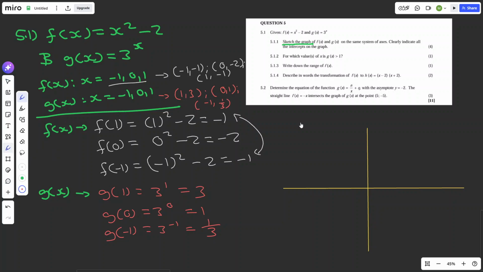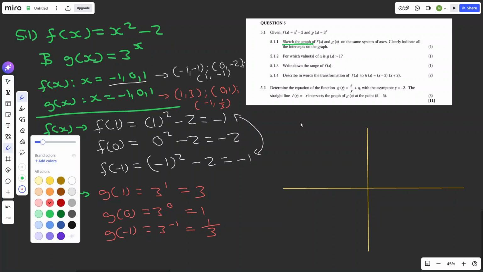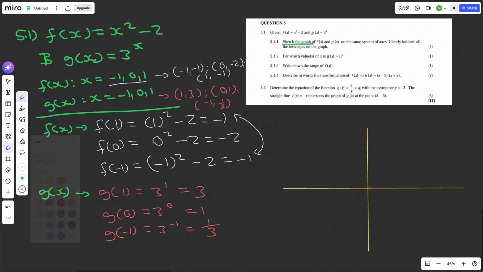So let us quickly plot our points here, right? So we'll have 0 here where the axes intercept. So when we're plotting, we need to look at our values. What are the upper and lower bounds? So for the x values, our bound is from -1 to 1, okay?